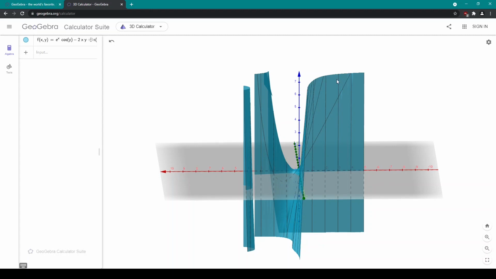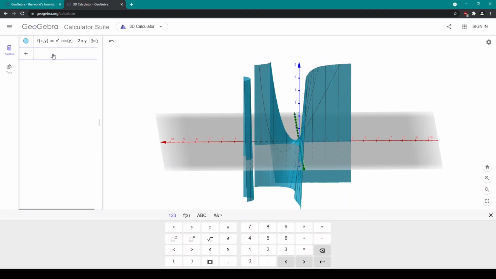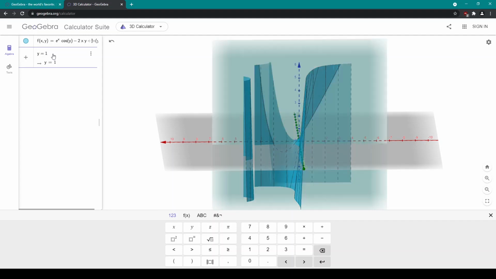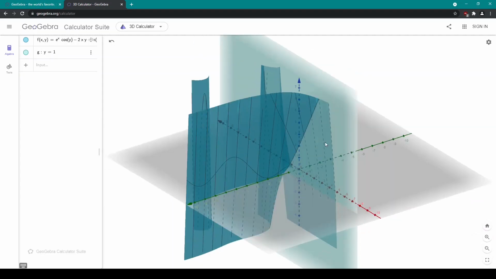Now, that actually relates to what we would think about if we were looking at some partial derivatives. One of the things that we can do is decide that we want to look at some particular plane. We can say y equals 1, and what that does is give us a plane that cuts through our surface here.